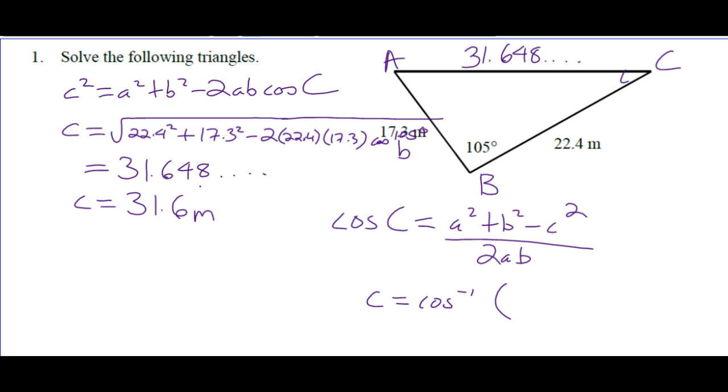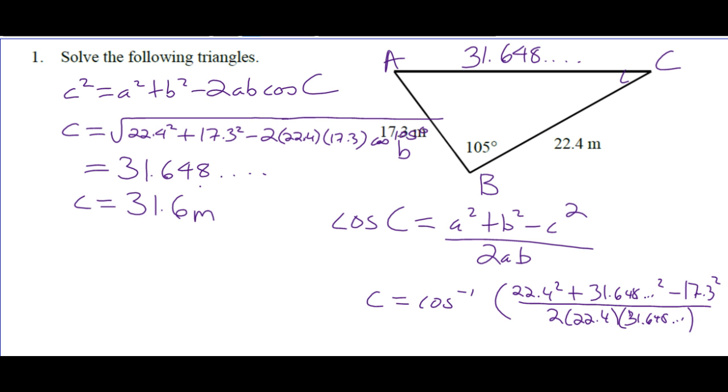So it's the cos inverse of a squared, so a is 22.4, so it's 22.4 squared plus b, that's the 31.648..., squared, minus c, 17.3 squared, divided by 2 times 22.4 times the 31.648..., right?